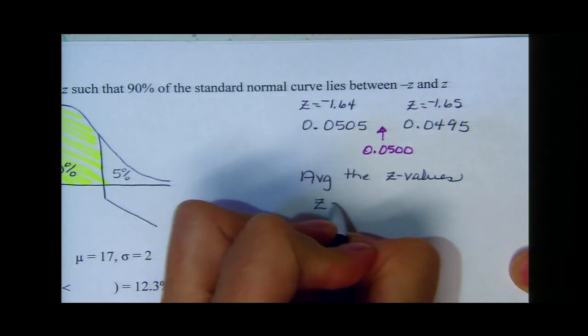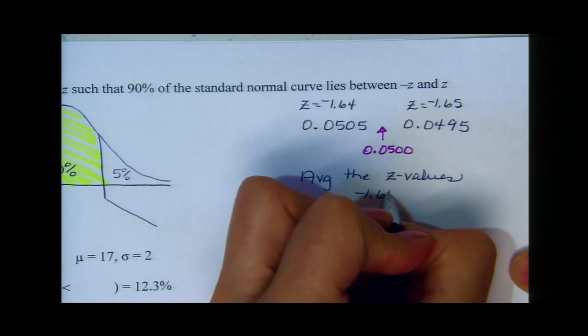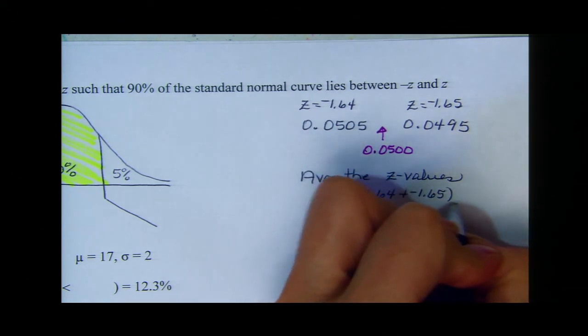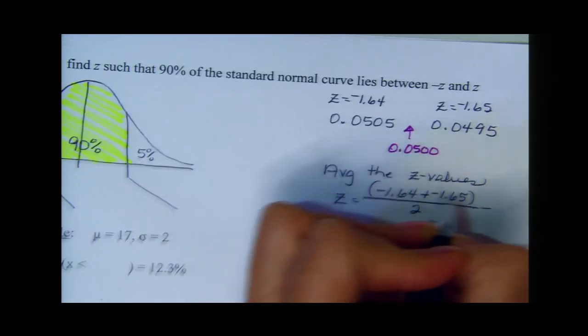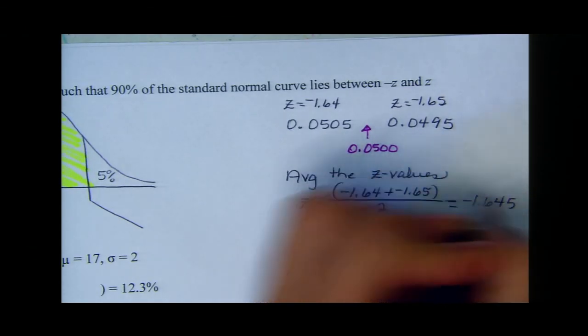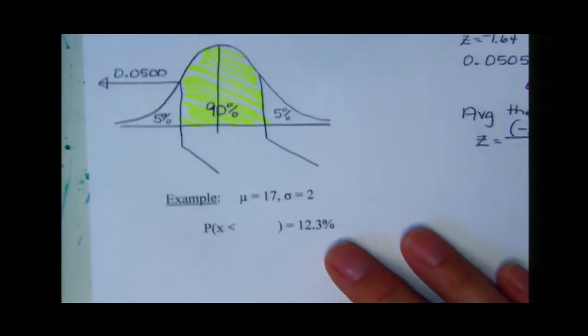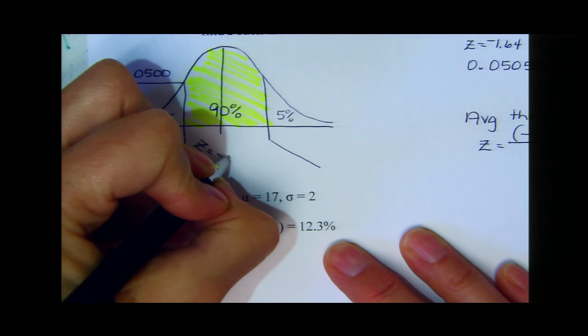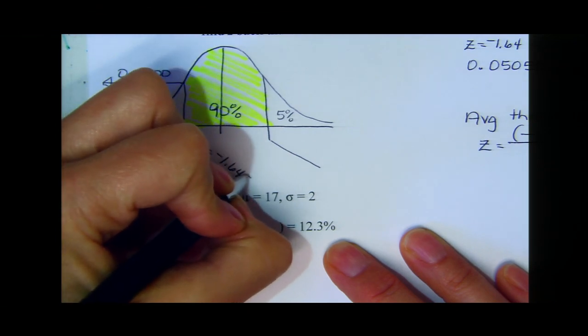So my z is going to be negative 1.64 plus negative 1.65, and we're going to divide that by 2, which gives me negative 1.645. So we know that we have found this z to be negative 1.645.